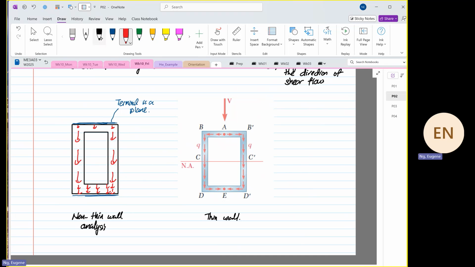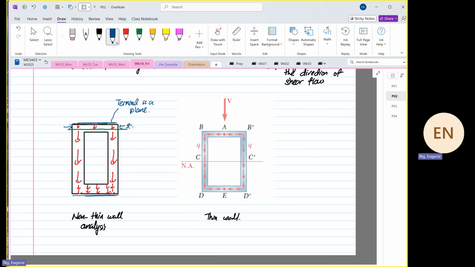So if we were to consider this line that I draw, a green line, if we want to find the shear stress over here at this line, the thickness we're going to use is this thickness, right?